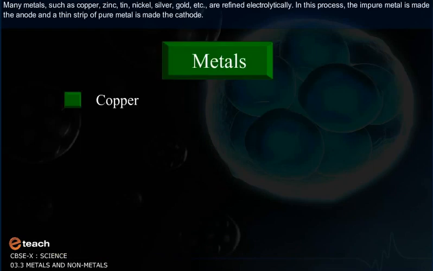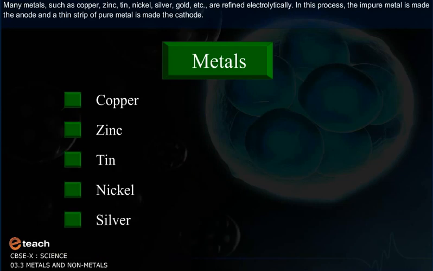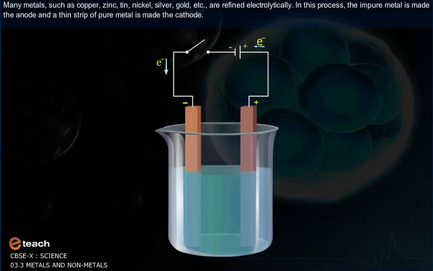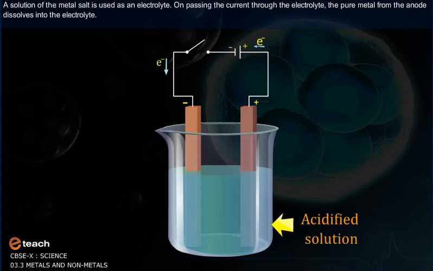Electrolytic refining. Many metals such as copper, zinc, tin, nickel, silver, gold, etc. are refined electrolytically. In this process, the impure metal is made the anode and a thin strip of pure metal is made the cathode. A solution of metal salt is used as an electrolyte.